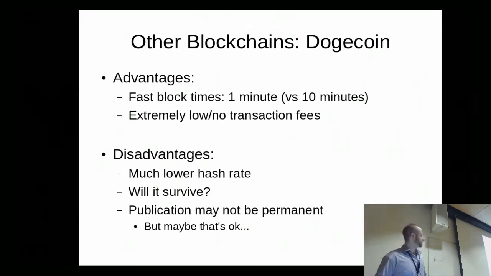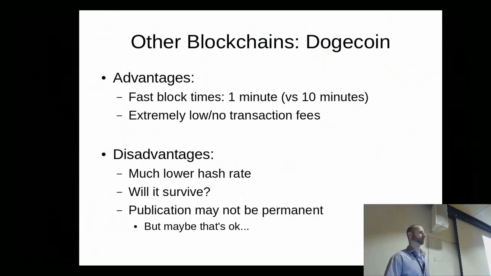So here's a little bit of analysis of that. In Dogecoin, the block time is 1 minute versus 10 minutes for Bitcoin. And another major advantage is there are extremely low, or even a lot of times no, transaction fees at all. The disadvantage, though, is the network has a much lower hash rate than Bitcoin.